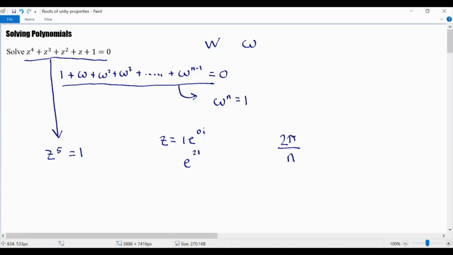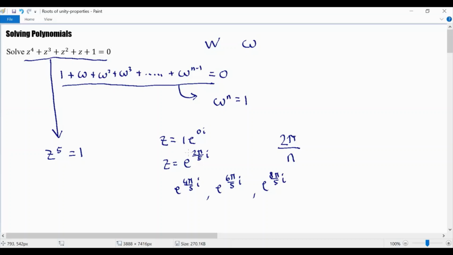So therefore, the following roots are, I'm going to obviously stop writing the 1, of course, I wrote the 1 just for the example, modulus of 1 times anything is 1, so we don't bother writing it out the front, but the other solutions are therefore z equals e to the 2 pi over 5 i, e to the 4 pi over 5 i, e to the 6 pi over 5 i, and then e to the 8 pi over 5 i.